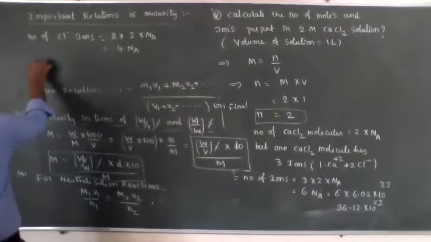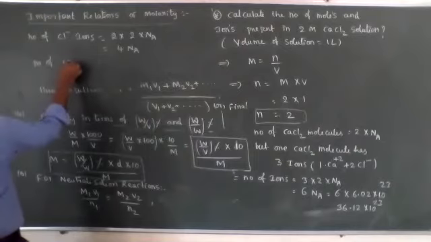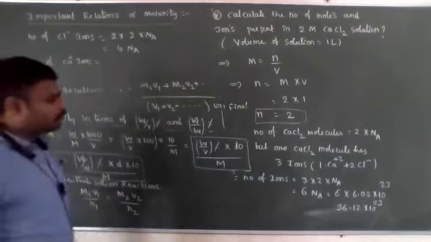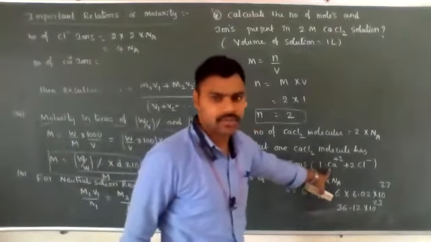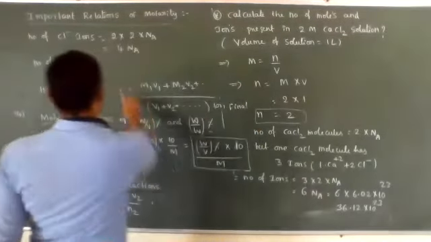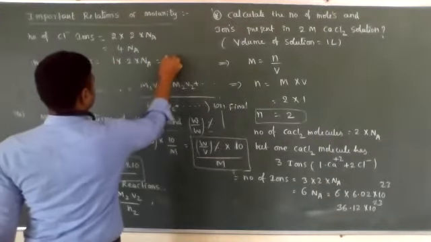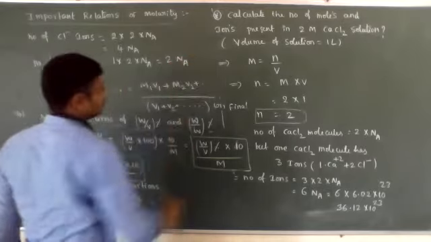How many calcium ions? That also they will ask. One CaCl2 molecule contains 1 calcium ion. That's why 1 into 2 into Na is equal to 2 Na calcium ions are present.